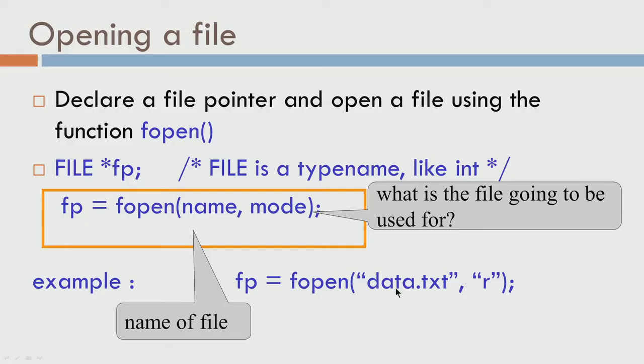We are trying to open the file data.txt in read only mode, which means you do not want to write anything from your program, you want to only read contents of the file data.txt. One can notice that both the file name and the mode are put within double quotes. So, fopen expects 2 strings, one string which is the name of the file and another string which is the mode itself.